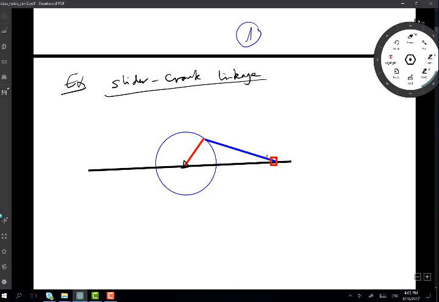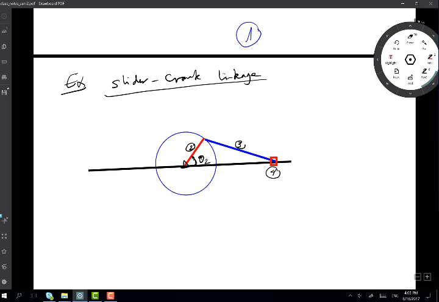Normally the crank has some angle associated with it. The crank link is usually link number 2, and this is link number 3. We refer to this as a con rod, link number 3, and then you get the slider as link number 4 at the other end. Now, what if the crank changes position from this given value theta2 to another value?